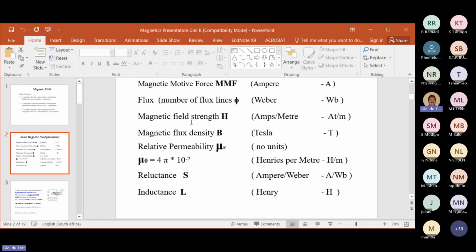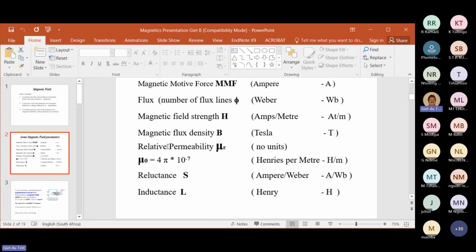Magnetic flux density is how dense the flux is, because we can compress the flux to a very dense area, or we can uncompress it to a not dense area too. So we measure this flux density in Tesla.